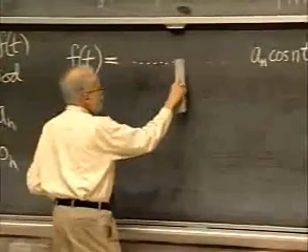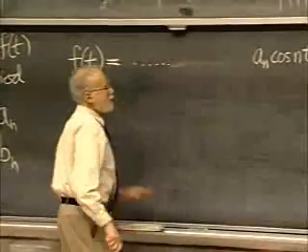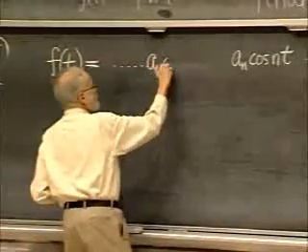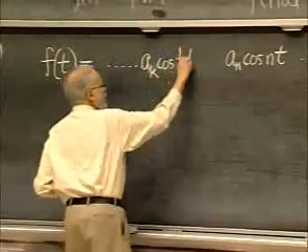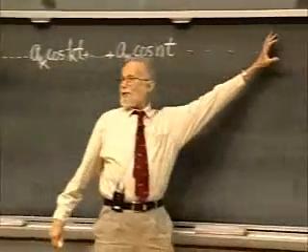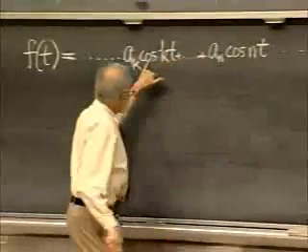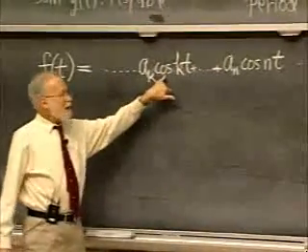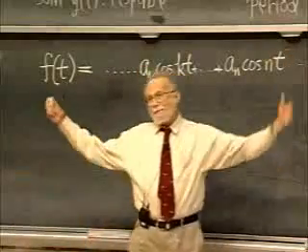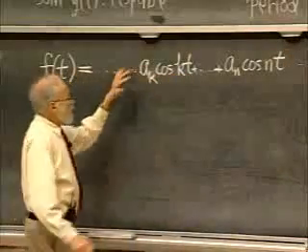And now, to make the argument, I've got to put in one more term here. So I'm going to put in ak cosine kt. I don't mean to imply that k comes after, or k could be more than n, in which case I should have written it here. I could equally well have used bk sine kt, and I could have put it there. You know, this is just some other term.